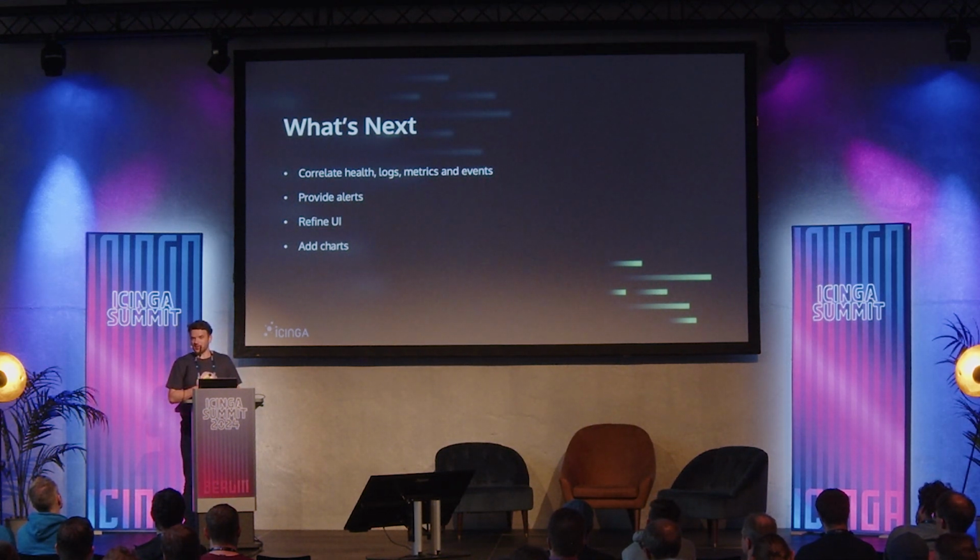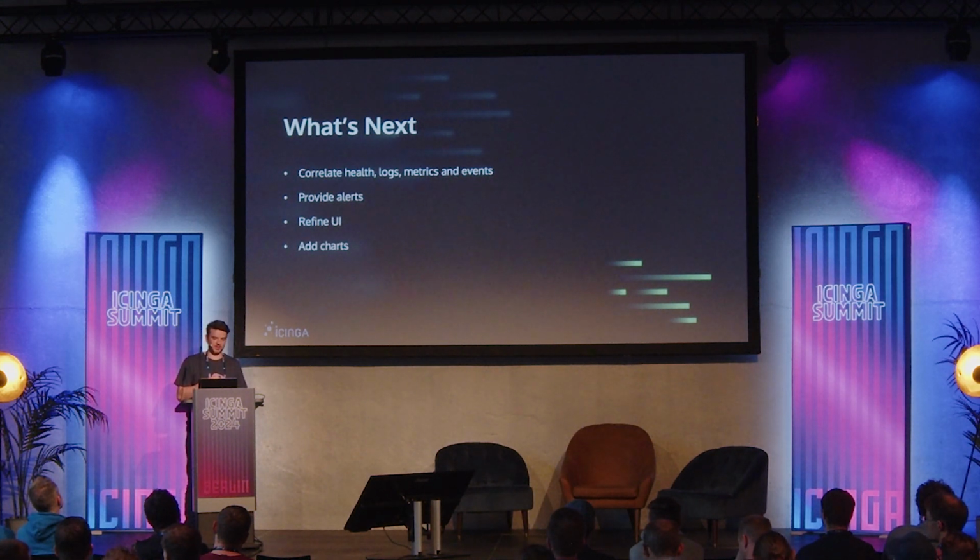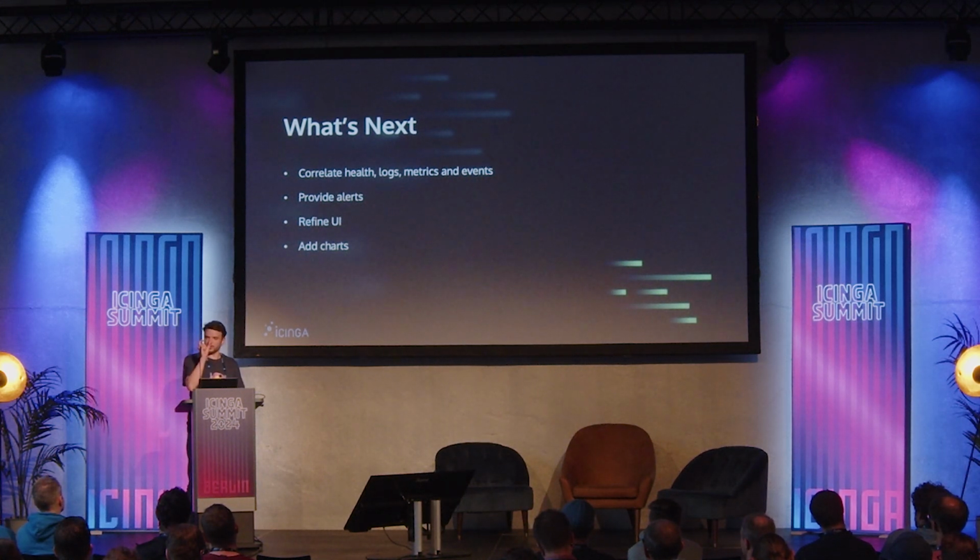Our certificate monitoring, vSphere-DB, and now Icinga for Kubernetes all can send notifications without cheating at the moment, and the upcoming Icinga Notifications will solve that, where we move the notification feature out of Icinga into a new component, and Icinga for Kubernetes will be the first client using it. Then we have a little stuff going on to refine the UI a little bit. Charts will be coming, also little trend charts in the list views, and some other stuff.